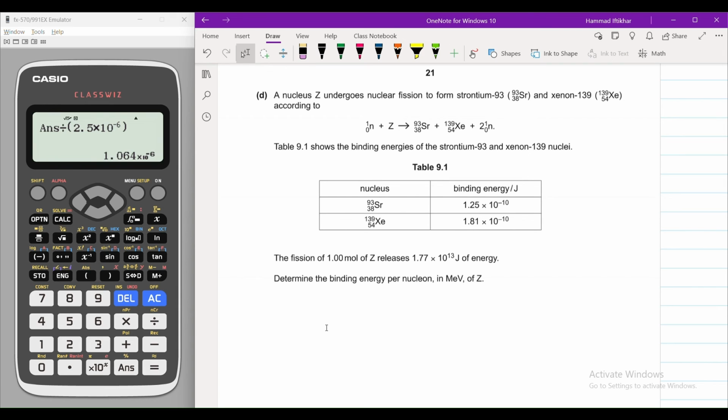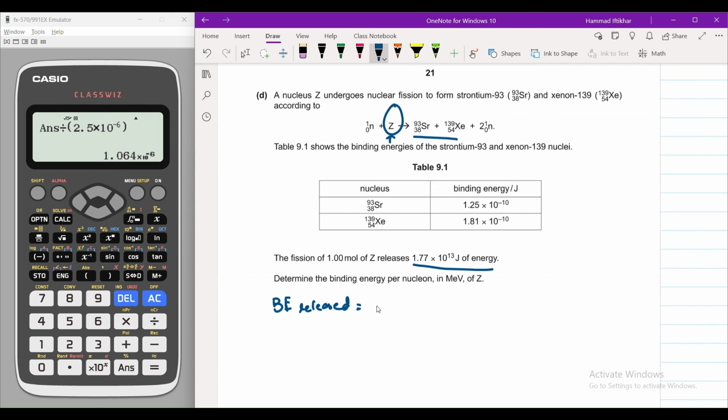All right, so let's see, what do we need? The binding energy released is basically the difference between the binding energies of the products and that of the parent, which is unknown at the moment.